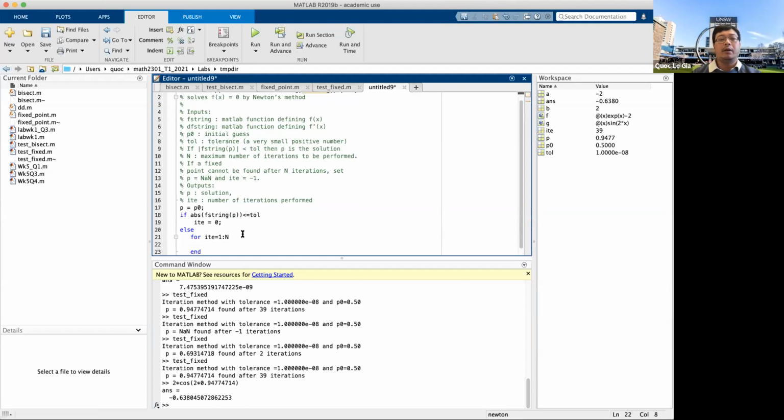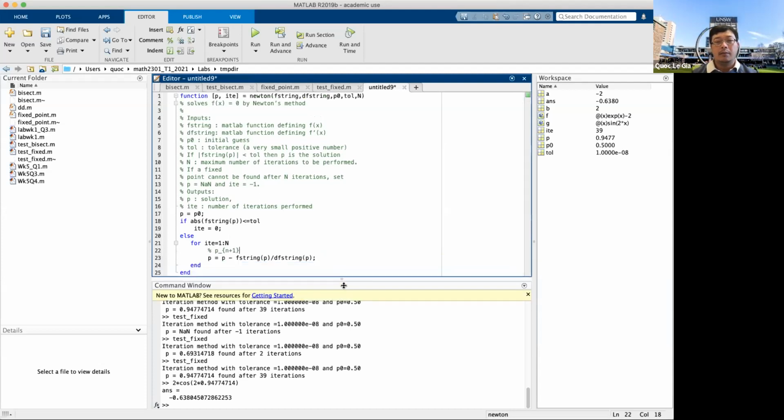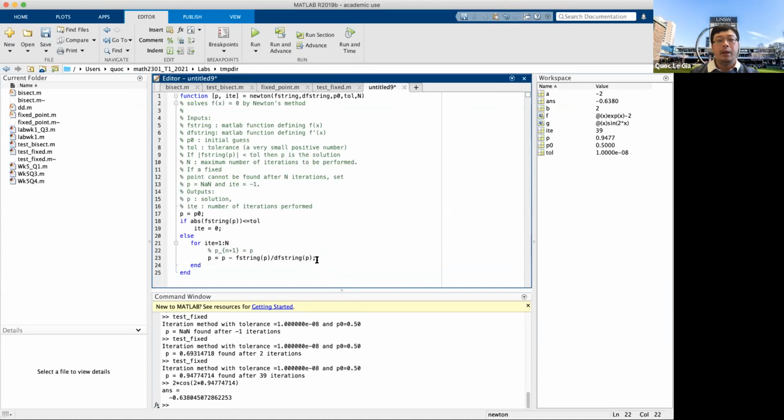And here, remember the formula for the Newton method. P equals P minus f of P divided by f prime of P. So the formula is P_{n+1} equals P_n minus f of P_n over f prime of P_n.